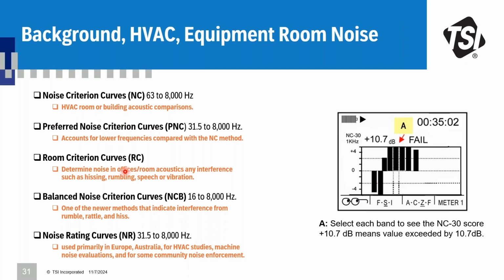Now the NC, generally speaking, applies to HVAC room and building acoustics comparison. But there are other curves that also contribute to noise measurement in different districts or different countries, and different standards. So depending on the application and the standard you follow, you would choose the appropriate NC or criterion curve to use, right?